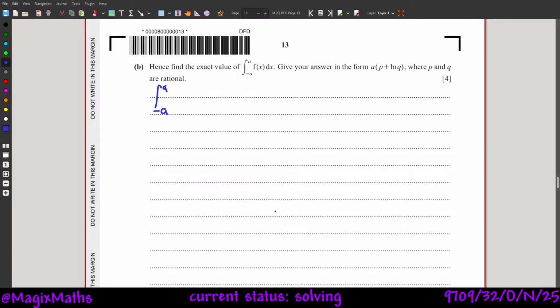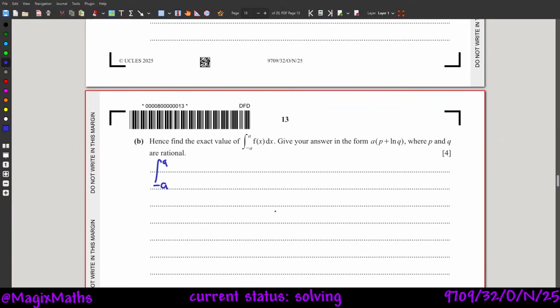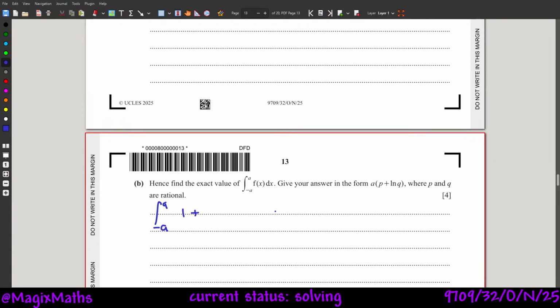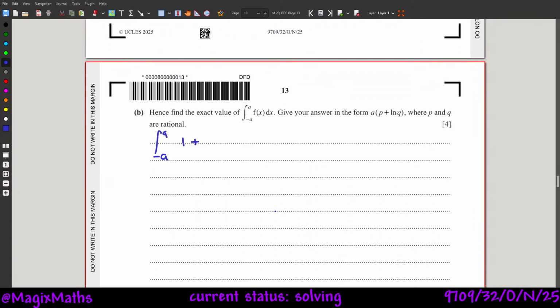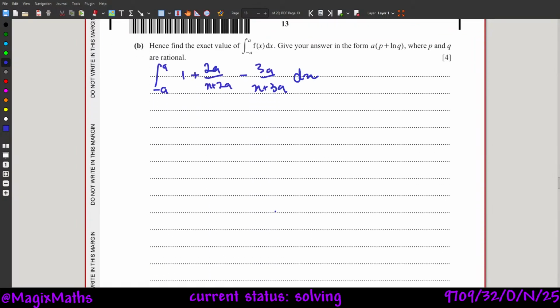All right, let's go ahead and continue to find the exact value of the integral of f(x) dx. Give your answer in that form. So we'll just rewrite that in this form, then dx, and we will integrate that one by one.